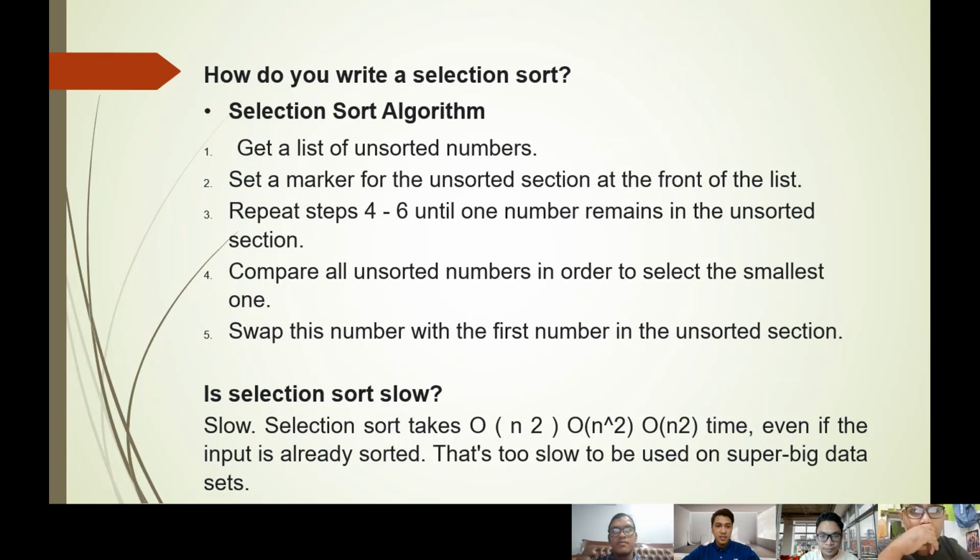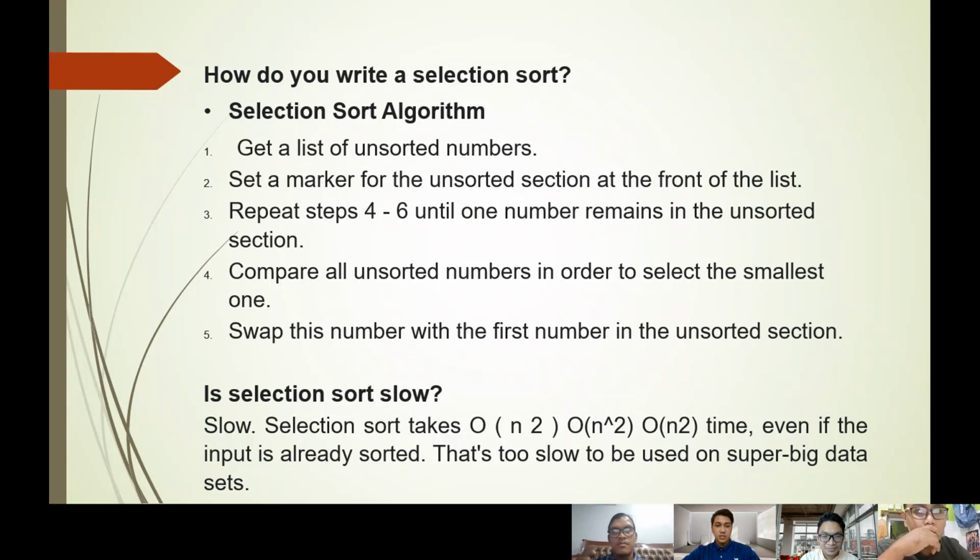Third, repeat steps 4 to 6 until one number remains in the unsorted section. Fourth, compare all unsorted numbers in order to select the smallest one. Fifth, swap this number with the first number in the unsorted section.